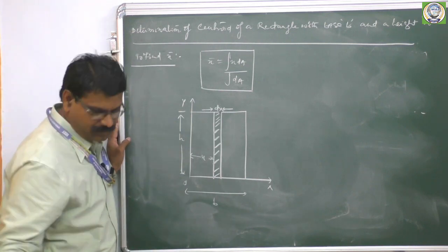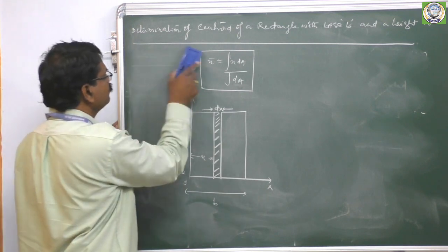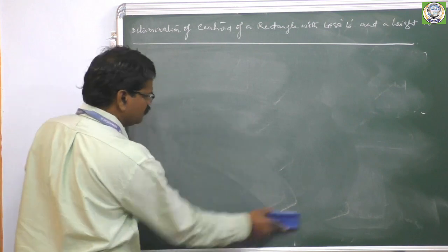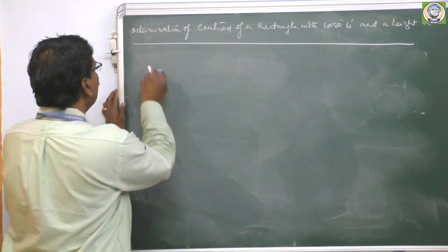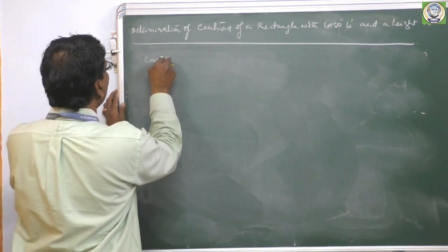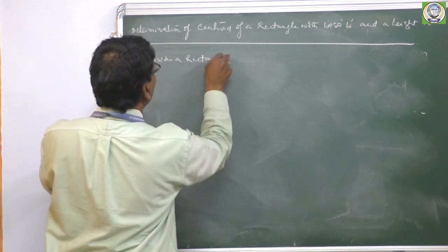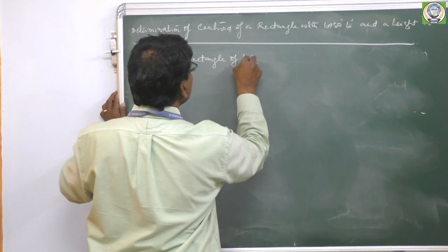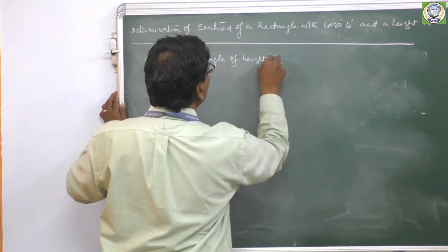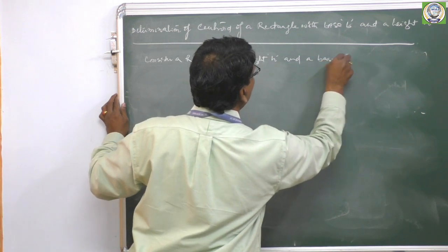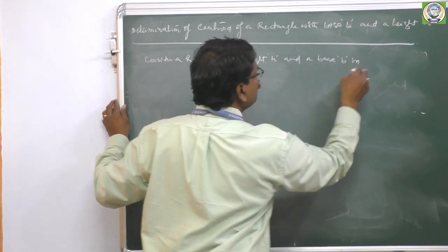Now the explanation of this diagram is as follows. Consider a rectangle of height h and a base b in the xy plane.